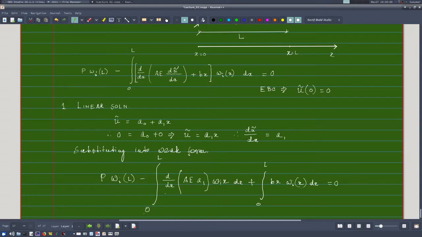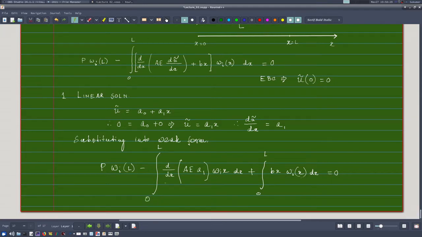Now you remember that in Galerkin's weighted residual method, my weight functions are the partial derivative of the approximate solution. Okay, weight functions are the partial derivative of the approximate solution, and therefore now I have what is my approximate solution?